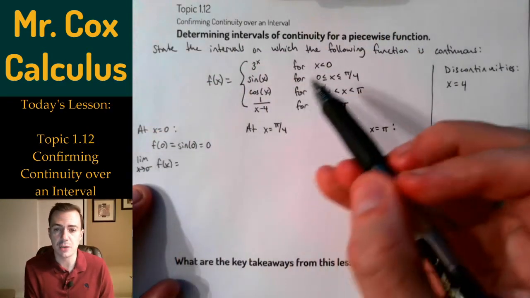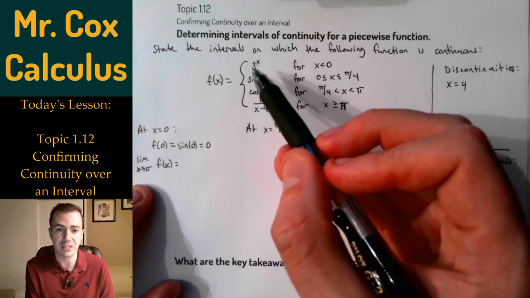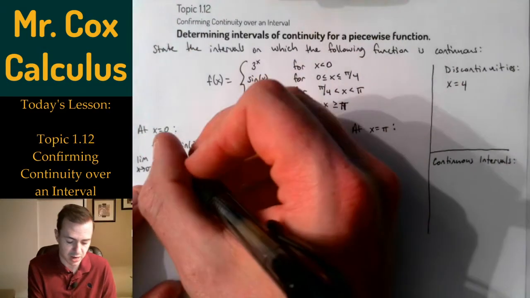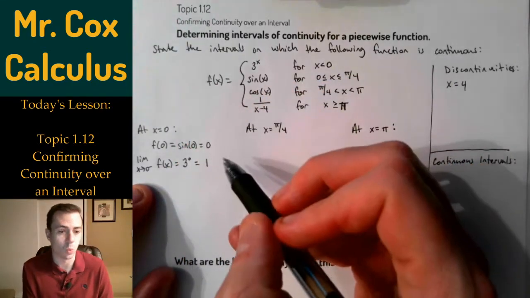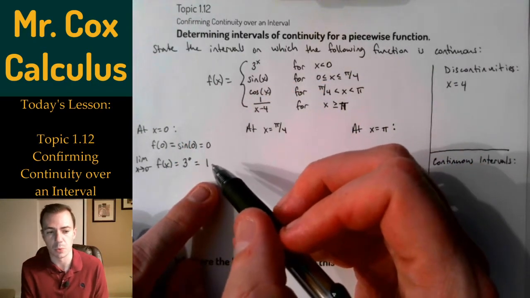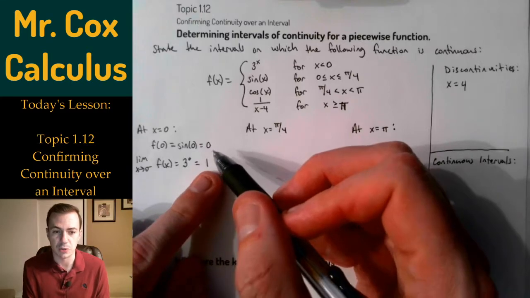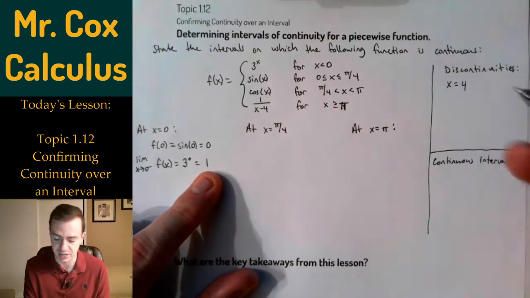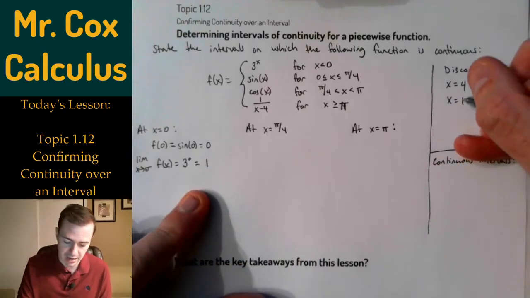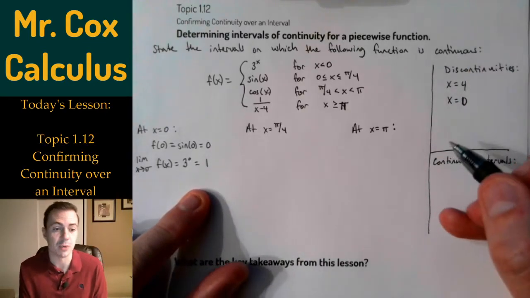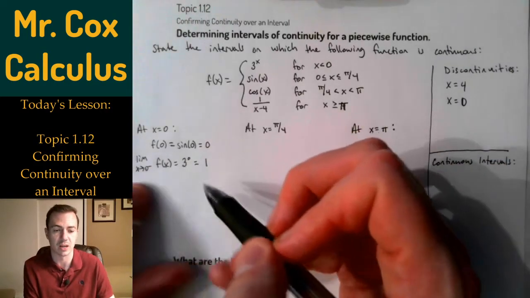As I look at values to the left of 0, they need to be substituted into this piece right here. That equals 3 to the 0, which is 1. Remember that any non-zero number raised to the 0 is equal to 1. So I can already see I'm going to have a break in continuity there. So I have a discontinuity at x equals 0. I have a break in continuity.